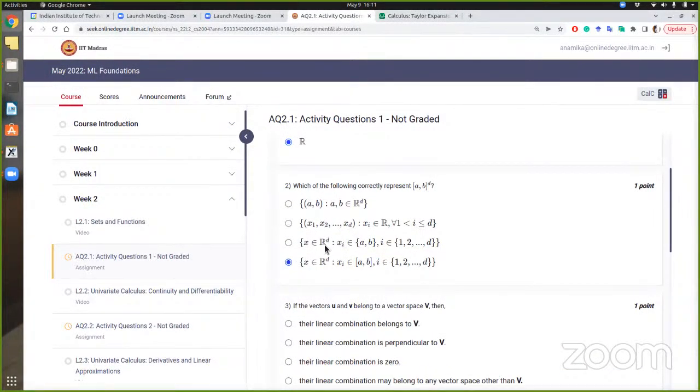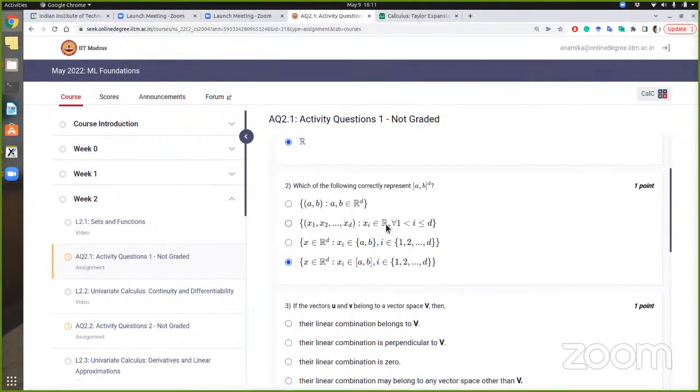Checking the other options, the third option, if you see here, X belongs to R^D, that is fine. Xi belongs to the set {A, B}, which means the individual elements should be either A or B. That's all. That's what we mean by the set, right? Rest is fine, but this is the only problem. Second option, if you see, there should be X1, X2, up to XD, D elements, that is fine.